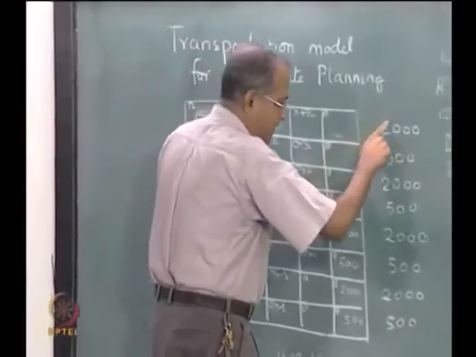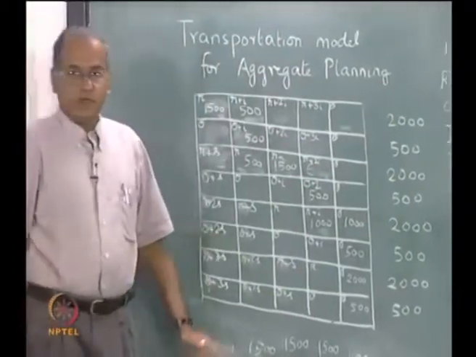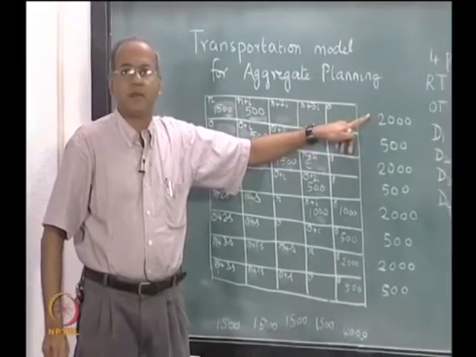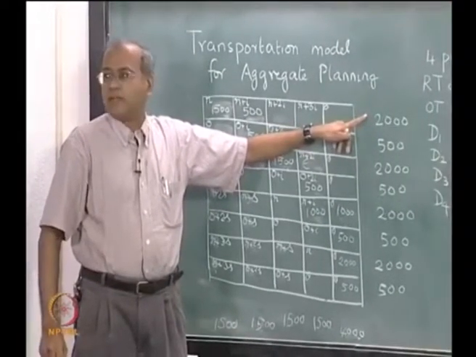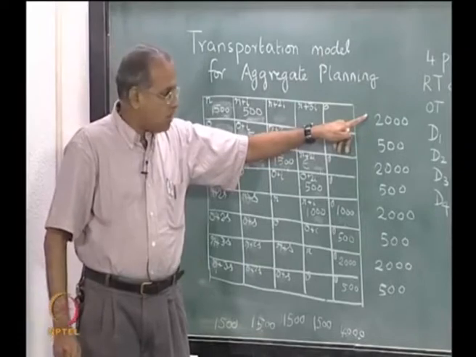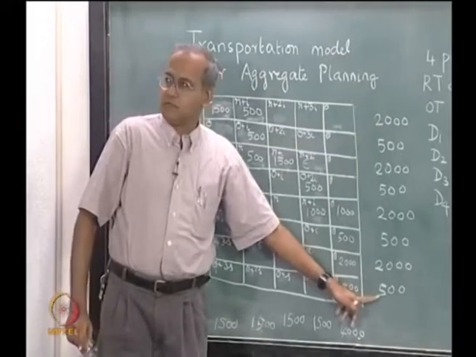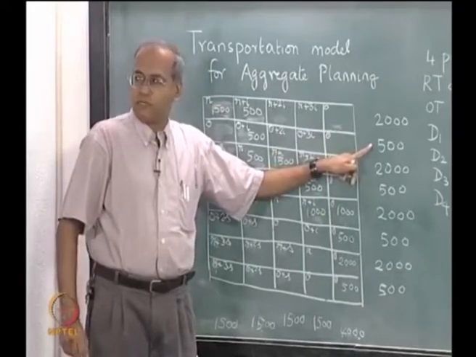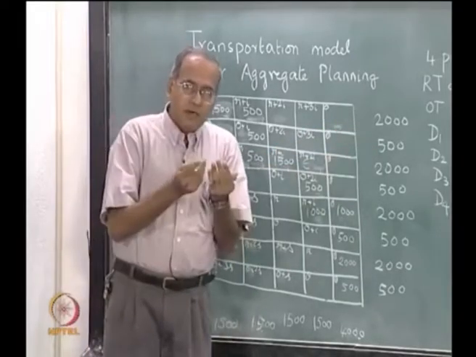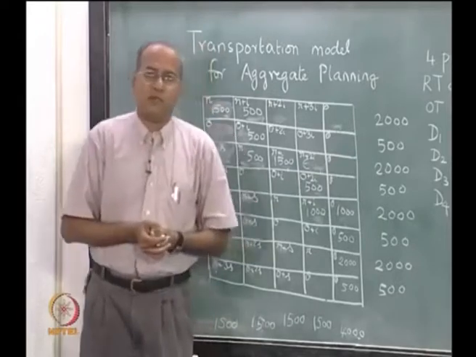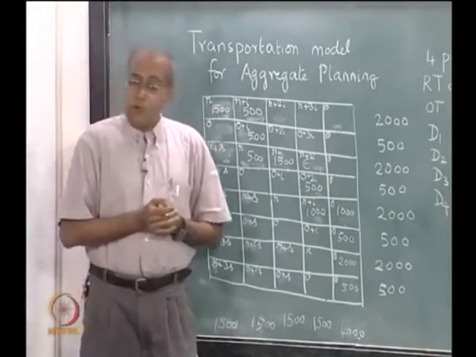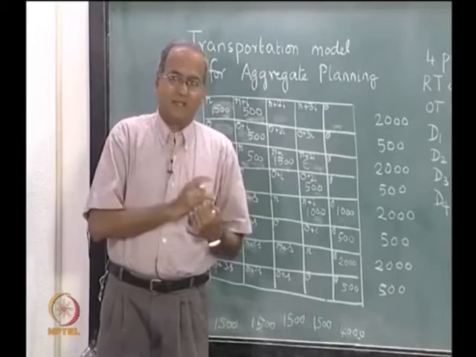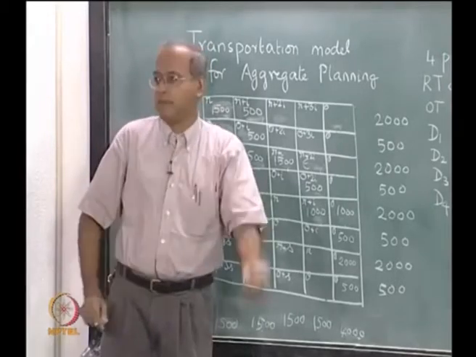If we look at these capacities, we have only 2 types of capacities, which are regular time capacity and overtime capacity. So, the total capacity is 10,000, that is 2000 into 4 months plus 500 into 4 months. But when we did the linear programming formulation, we also assumed that it is possible to outsource. So, outsourcing can be another capacity.